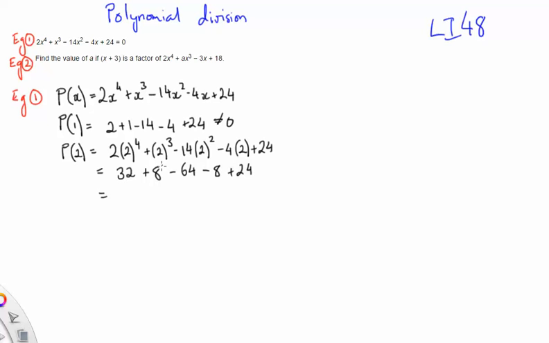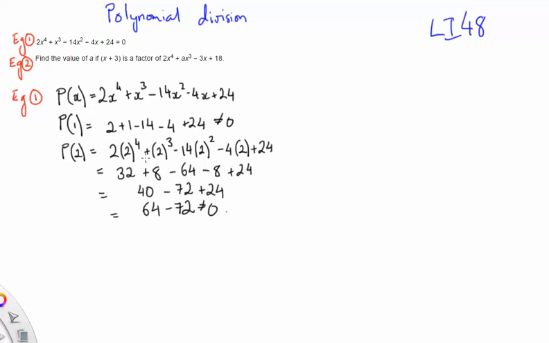Alright, so that gives us 32 plus 8, which is 40. And then we've got 40 minus 72 plus 24. What does that give us? That gives us 64 minus 72.